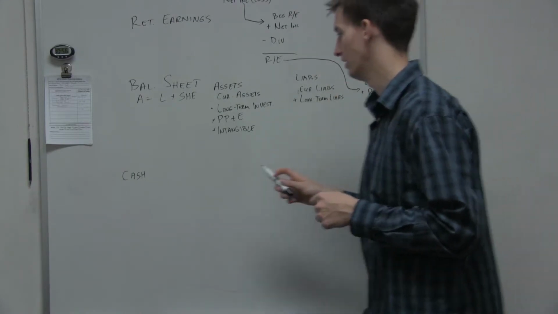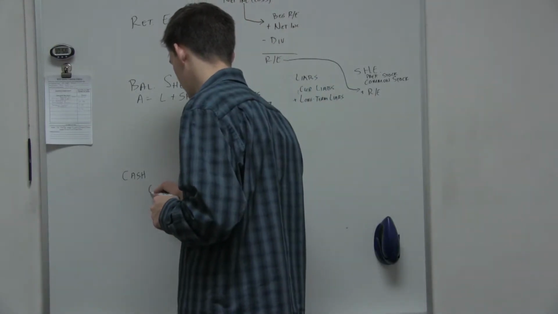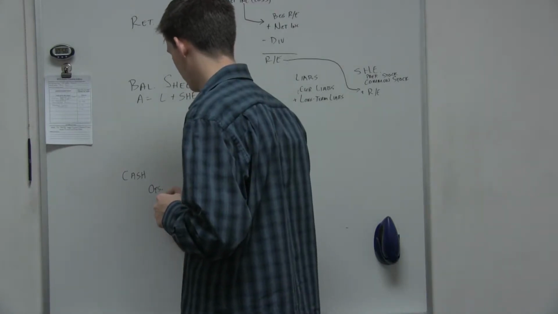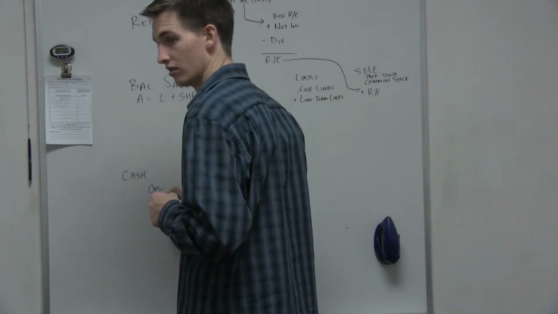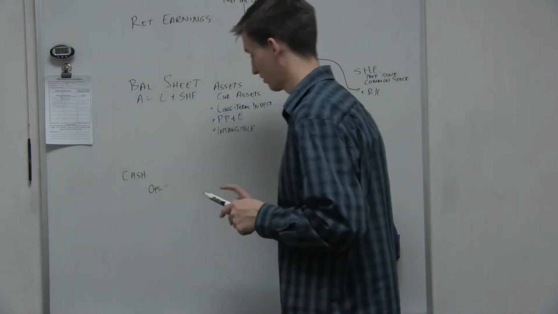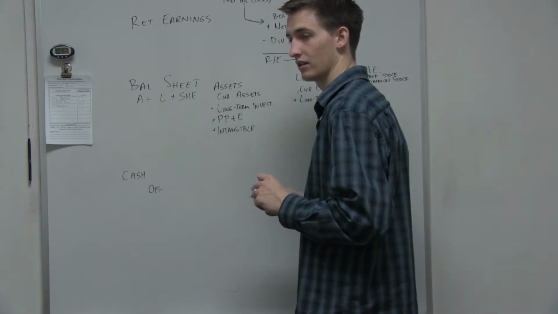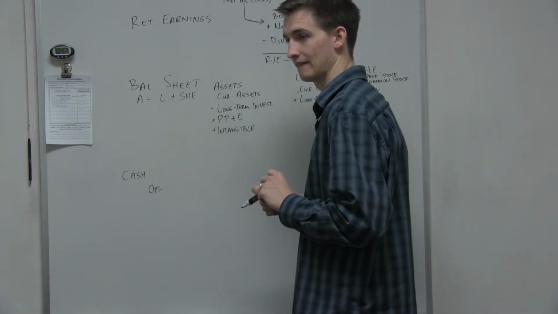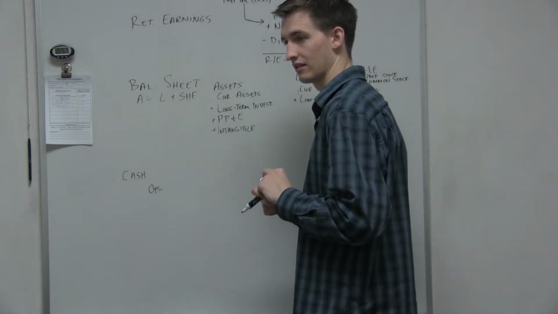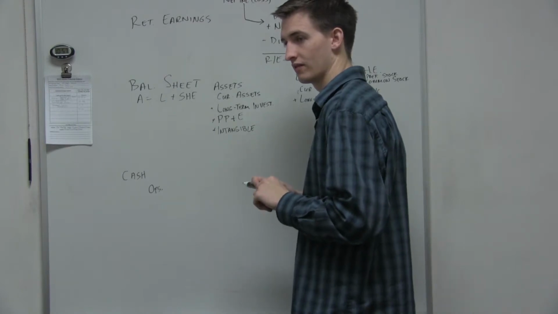Okay, and then the cash flows statement, what's in that? Cash from operations. So property, plant and equipment, right? Or no, sorry, that would just be the revenue that you create and the expenses that you make in the normal, everyday life of the business, right?